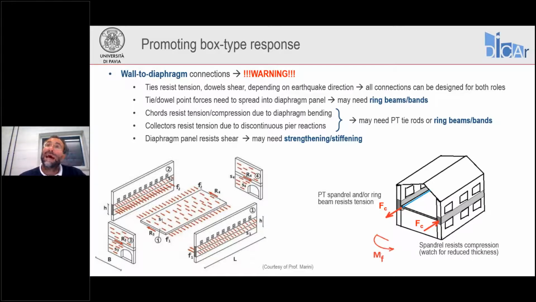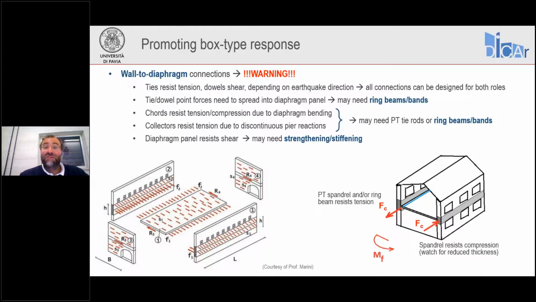Tie rods are post-tensioning the masonry spandrel. So this spandrel is now subjected to compression, like a pre-stressed beam, pre-stressed concrete beam, basically. So it may be able, if the post-tensioning force is properly designed, to resist tensile forces without cracking, as a pre-stressed concrete beam.